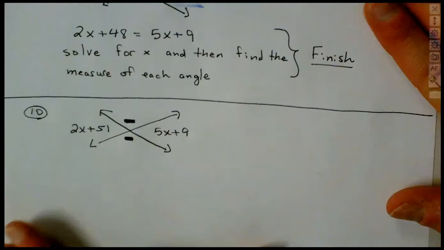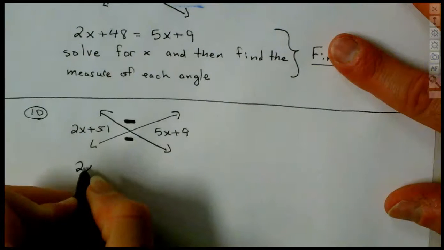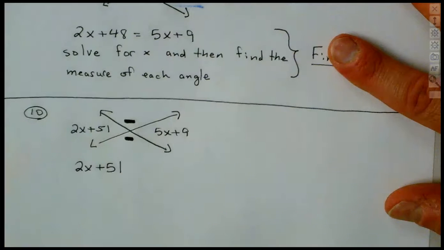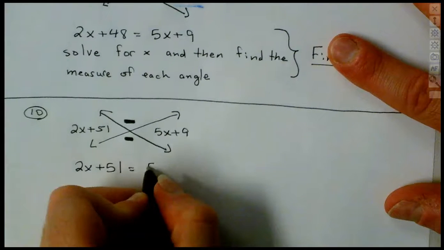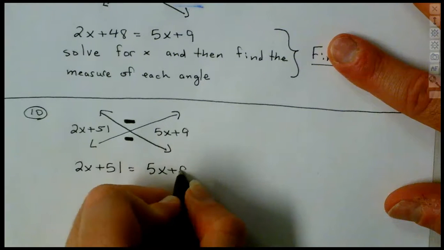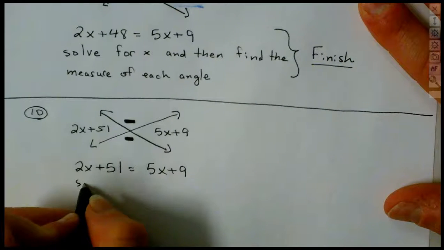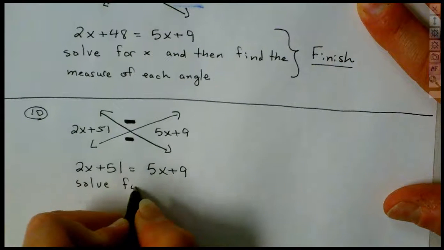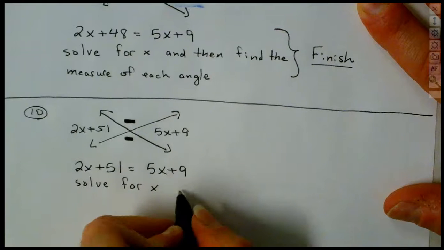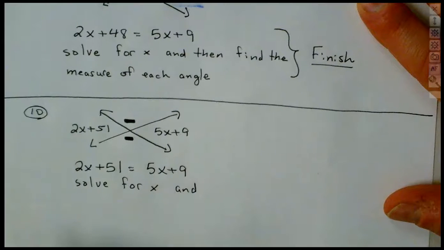And your equation would then be 2x plus 51 equals 5x plus 9. You're going to finish this one on your own, so you're going to go ahead and solve for x, and then find the measure of each angle.